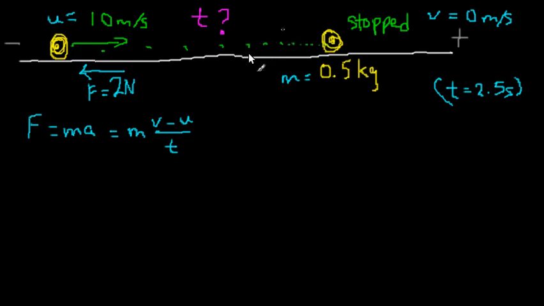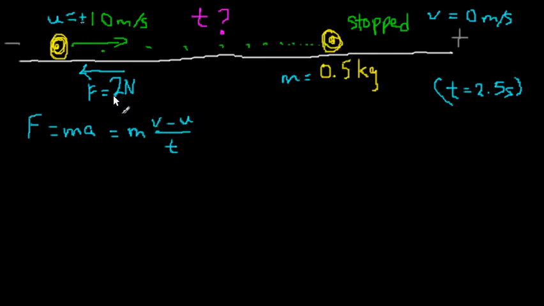The signs. We need to put signs on all those quantities that have directions. So u has direction, it's to the right, and to the right is plus, so it has a plus sign. V is 0, we don't need a sign for that.